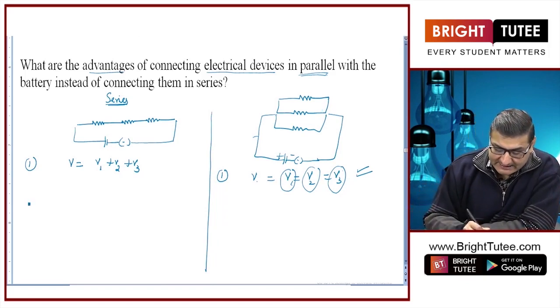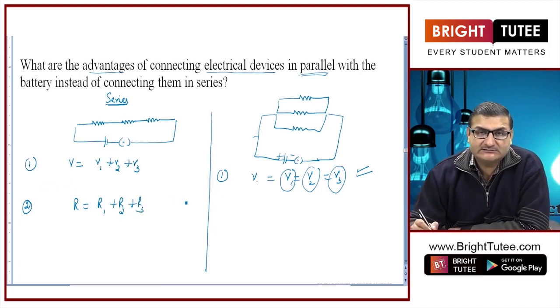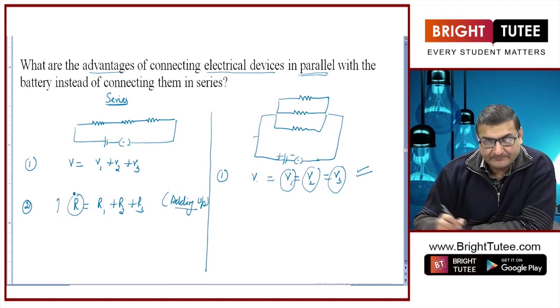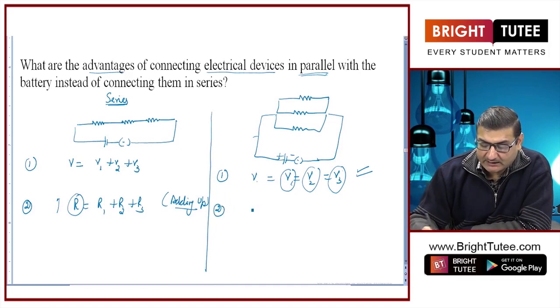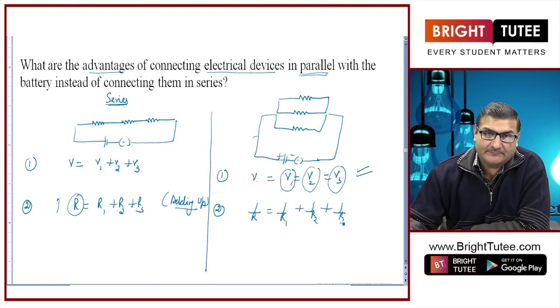Fine. The second thing we can relate is, in series I have seen that the total resistance was equal to the sum of all the resistances. So, it was adding up and the total resistance was increasing by adding more and more resistances, whereas in parallel we saw that the total resistance was calculated by the formula 1 upon R1 plus 1 upon R2 plus 1 upon R3.